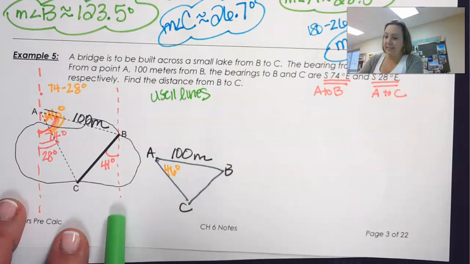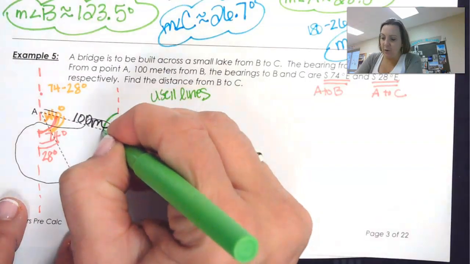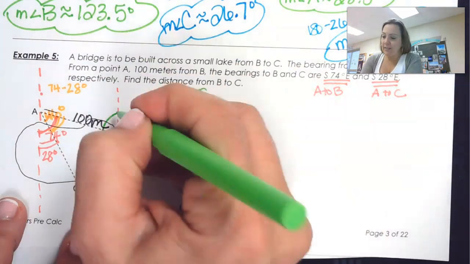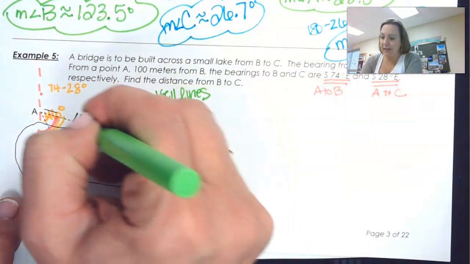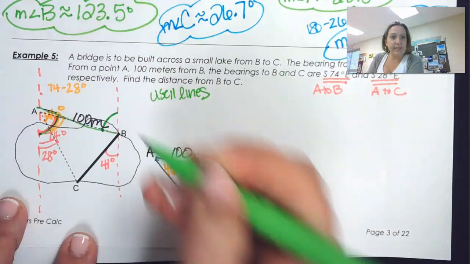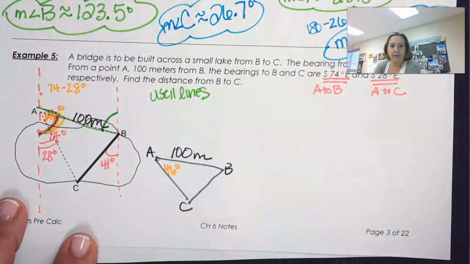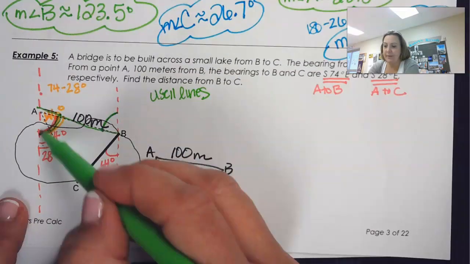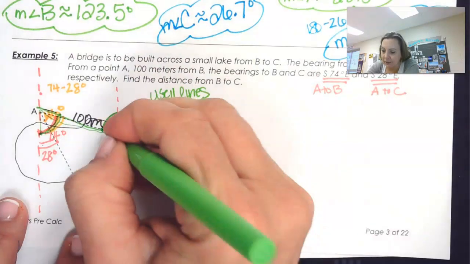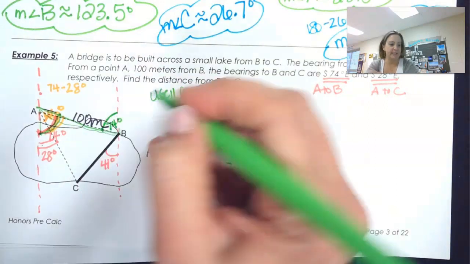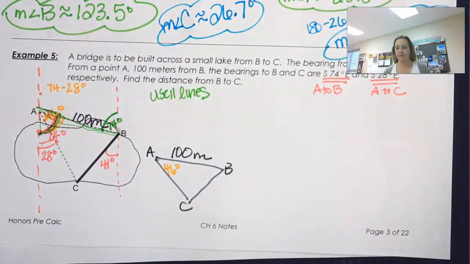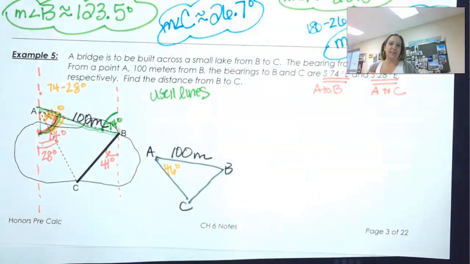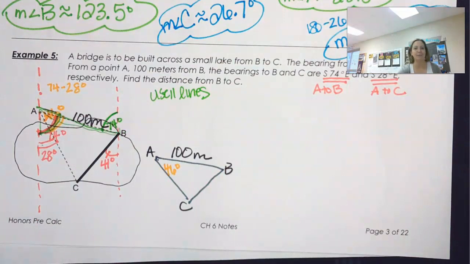And what that means is that I actually know this angle because it's an alternate interior angle with this 74 degrees. So this, my friends, is also 74 degrees. I should make that a different mark so it doesn't look congruent to the 74.